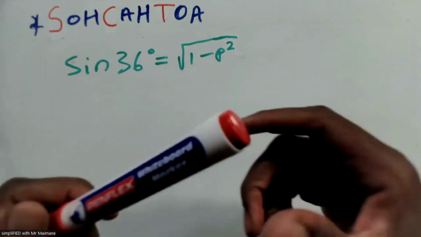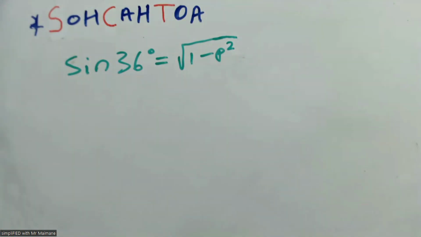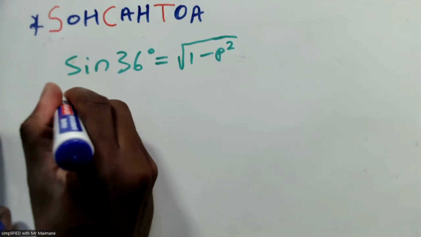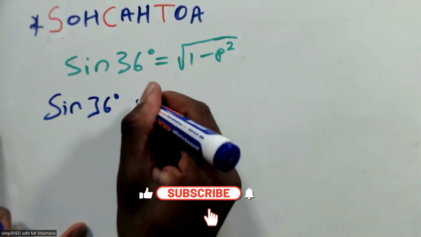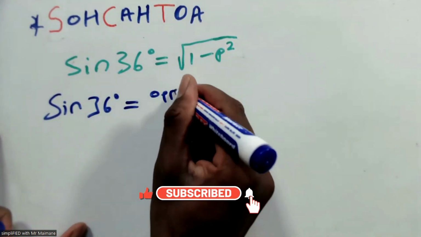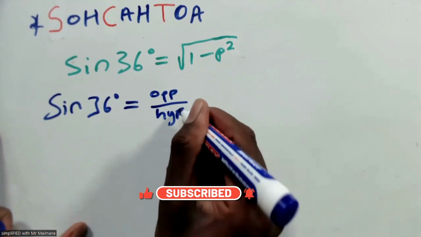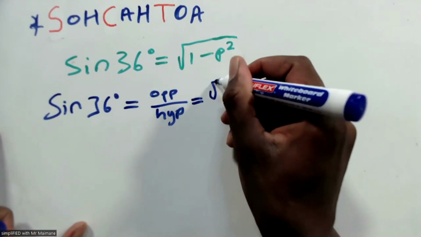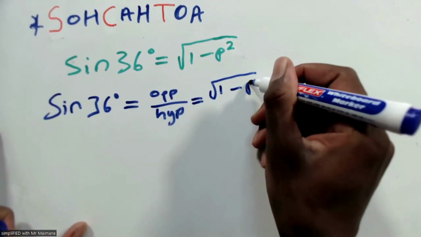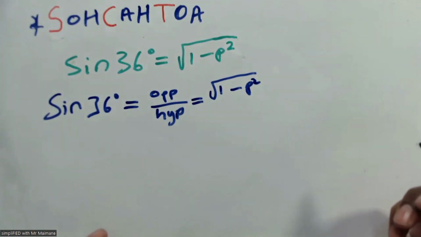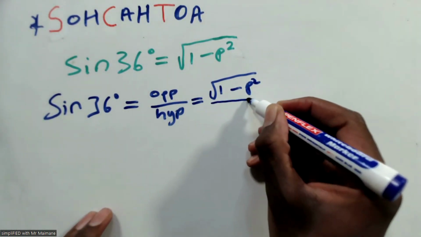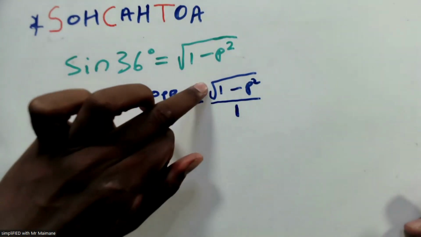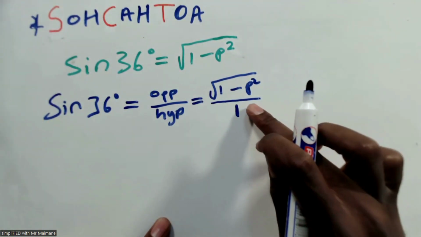So we expect sine 36 degrees to be opposite over hypotenuse, whereby we are told that it is the square root of 1 minus p squared. If we write it in terms of a fraction, the square root of 1 minus p squared is over 1.